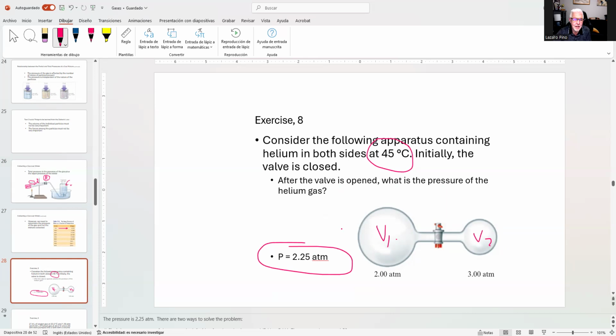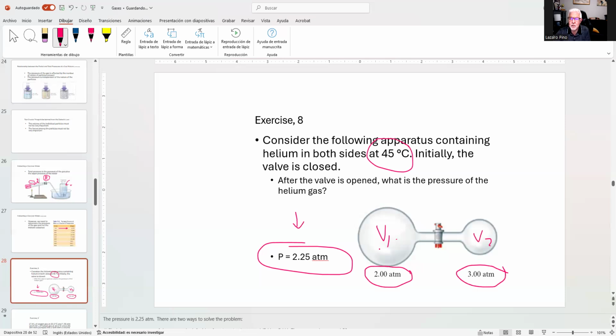Well, how can we calculate this? We have the pressure at the beginning and you have the temperature and you have the volumes, then you can calculate what will be the pressure here and what will be the pressure here.